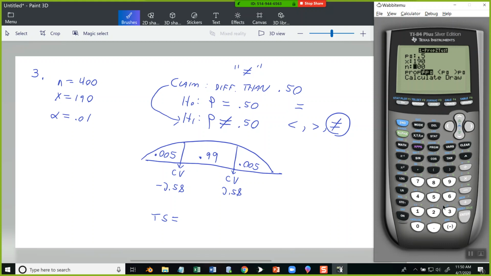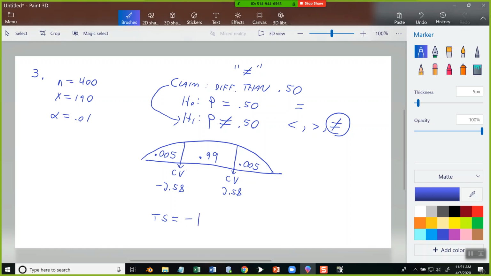N is 400. N's always your larger number, so you can't mess that up really. And then the symbol off of H1 is a not equal to again. So if not equals is not highlighted, then put your flashing cursor on it using your arrow keys and press enter. And then we'll go down to calculate. And Z is our test statistic, which is equal to -1 in this problem.